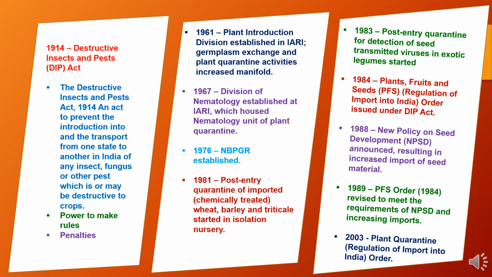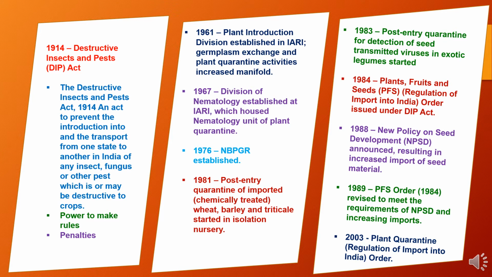In 1983, post-entry quarantine for detection of seed-transmitted virus in exotic legumes started. In 1984, the Plants, Fruits and Seeds Regulation of Import into India Order was issued under the Destructive Insect and Pest Act.